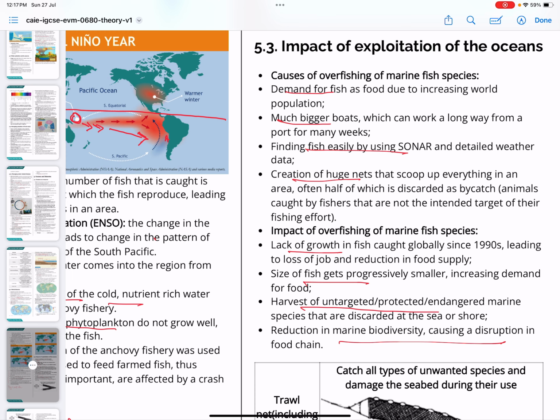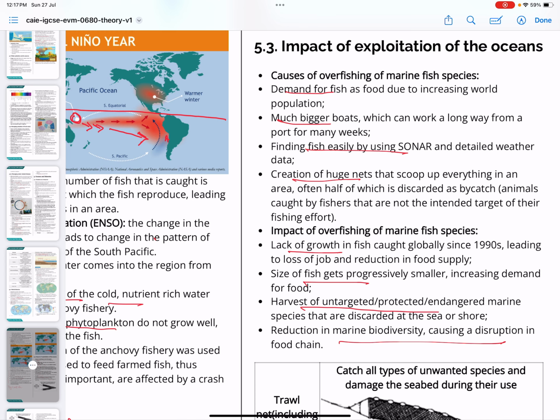There are special devices, for example a sonar, which provides the exact location of the fish under the sea. Satellite images and weather forecasts are available. On these grounds, the fishermen are far more confident in performing fishing as compared to before. And this is why fishing is being conducted on a large scale, which is called overfishing.